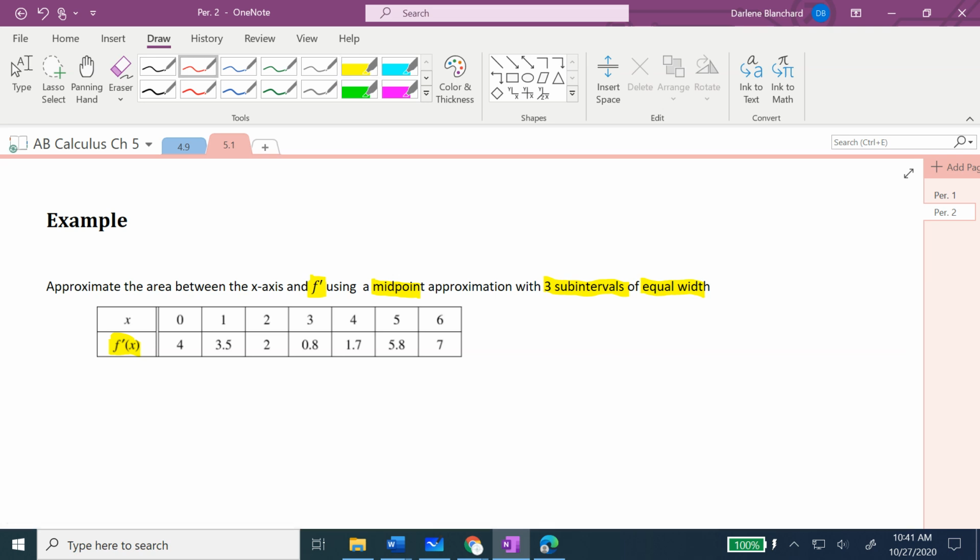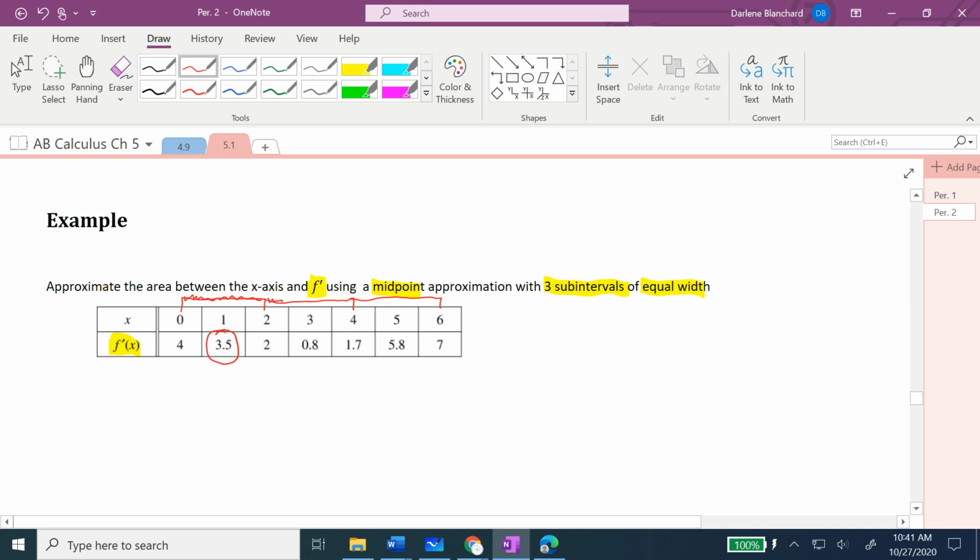So let's take a look. And if I'm cutting up 0 to 6 into 3 equal subintervals, then I am going 0 to 2, 2 to 4, and 4 to 6. For the first x interval, the midpoint on the x-axis is 1, but 3.5 is the height that I need to write down.